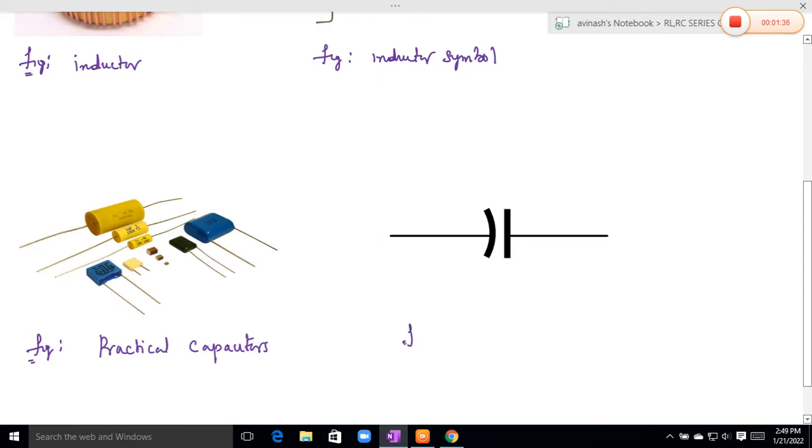This is the capacitor symbol. Some textbooks represent it this way, or some textbooks follow the same parallel lines. One plate will be positive, the other will be negative. These are the capacitor values.